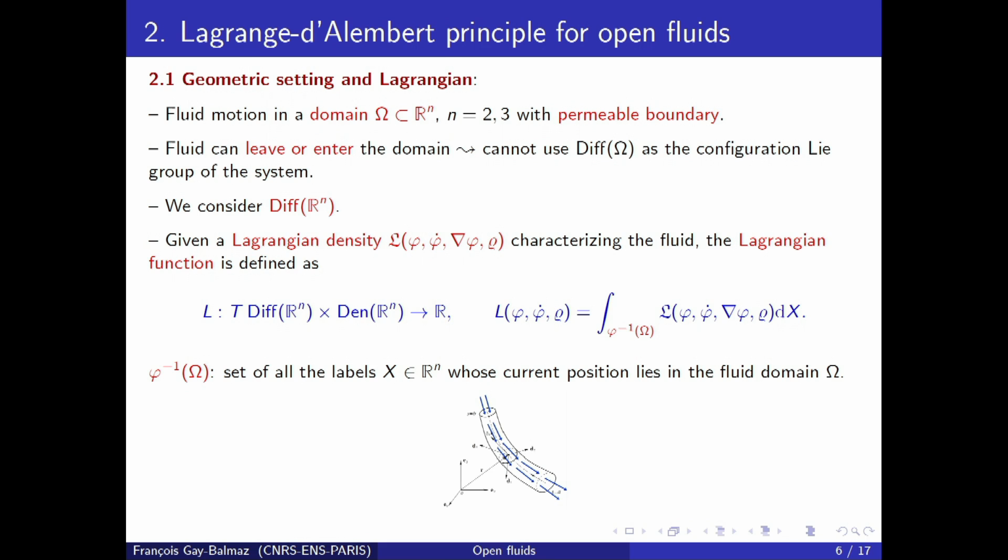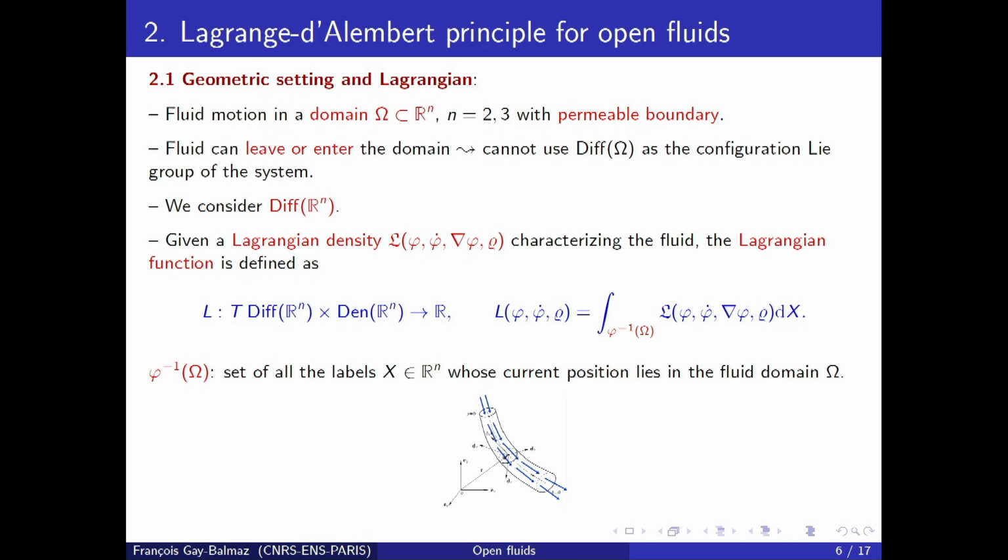And now we build this Lagrangian, the integrated one. So the integrated one is defined on this big diffeomorphism group, and it also depends on densities defined everywhere, but you integrate only on the labels of interest.